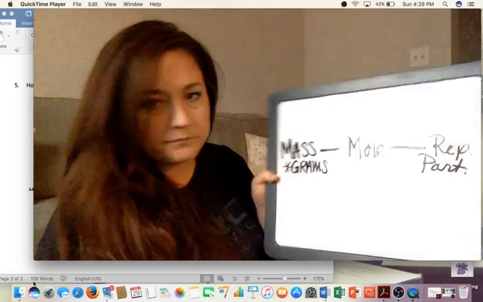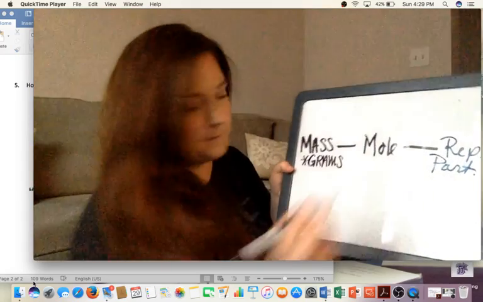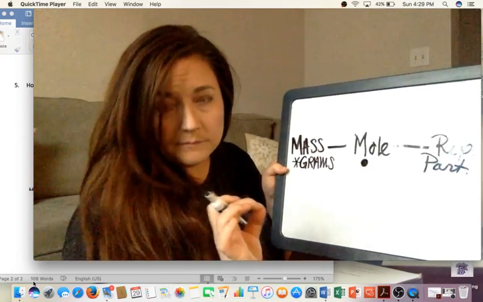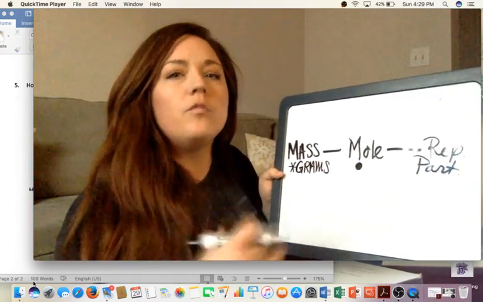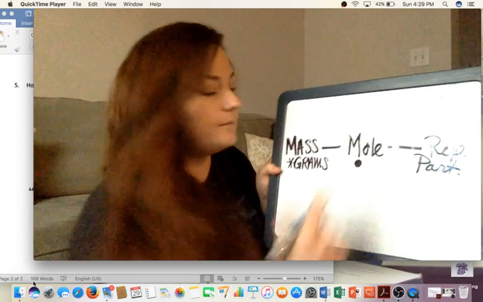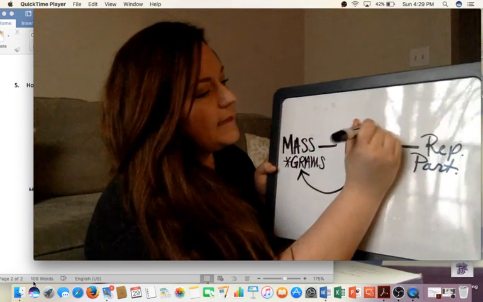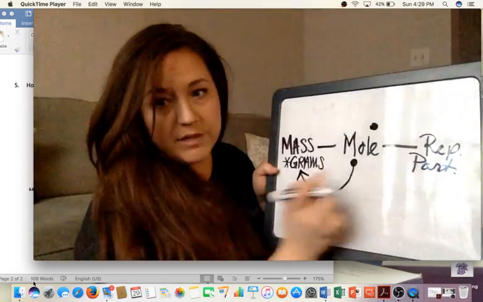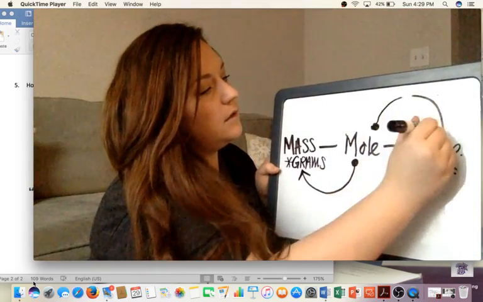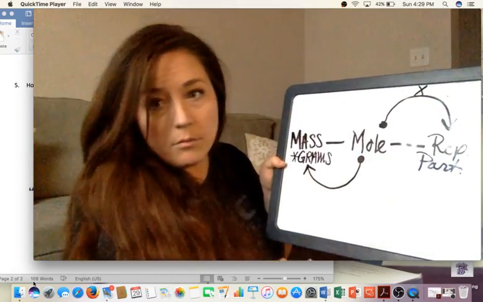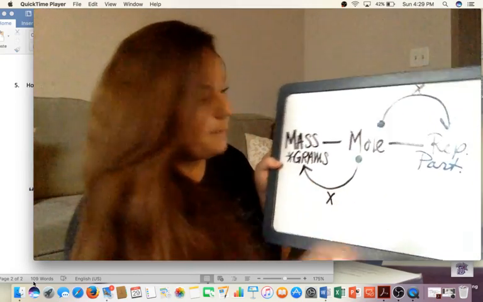Okay. So anytime we start with our given, the thing that we are told we have, is a mole. Anytime we're converting between the two of these, we end up multiplying every single time.